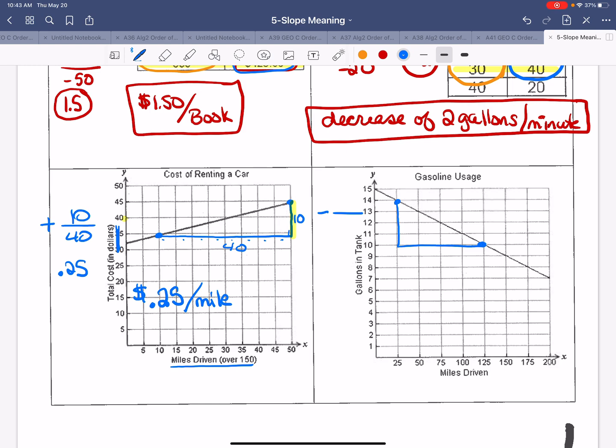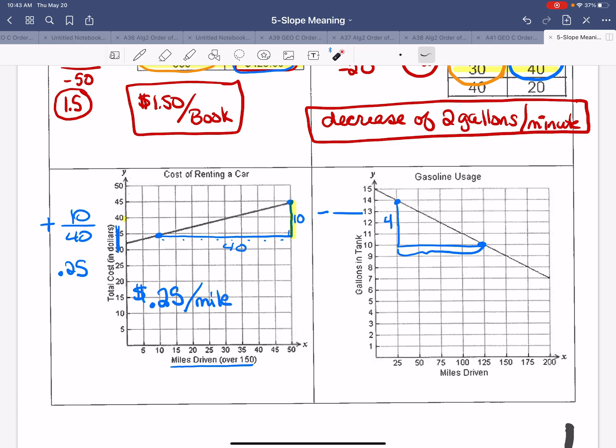And this is what we did 2 days ago. We want our rise. Our rise is, of course, right here. So what is that? Let's see. These are going up by 1. 1, 2, 3, 4. Remember, we're counting the boxes. So my rise is 4. And what is my run? It's 4 boxes, but each box is 25 units.